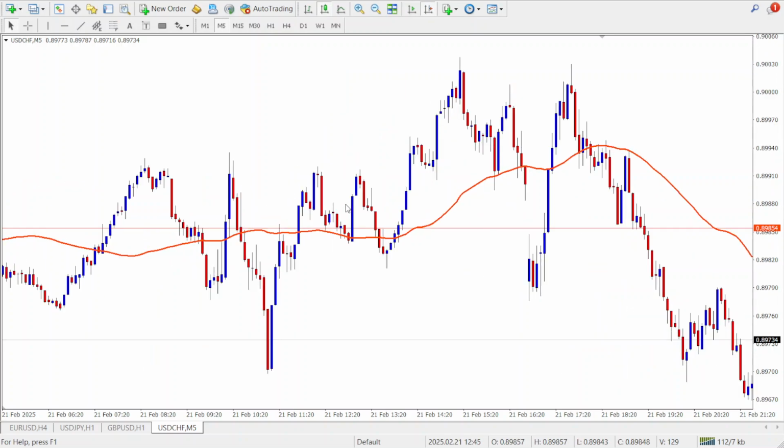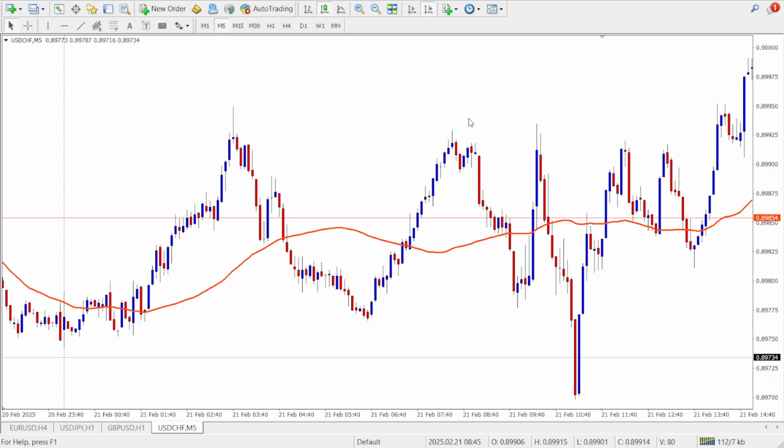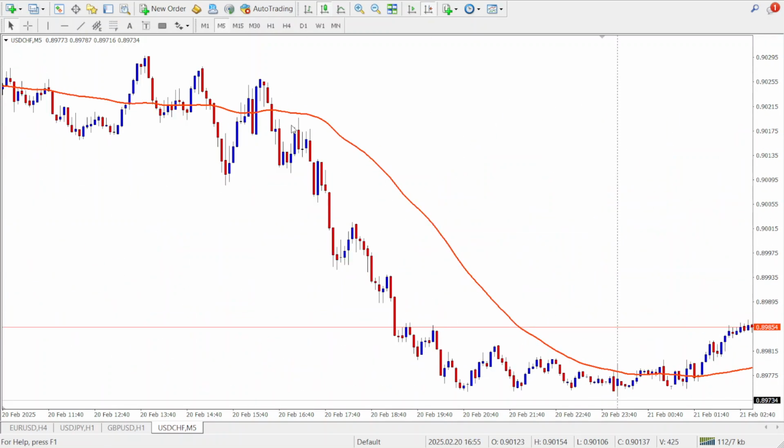For example, in an uptrend, you might look for buy opportunities when the price pulls back to the 50 period moving average, then moves back up. On the flip side, in a downtrend, the same logic applies for short entries. It's an excellent tool for smoothing out market noise and identifying the overall direction.